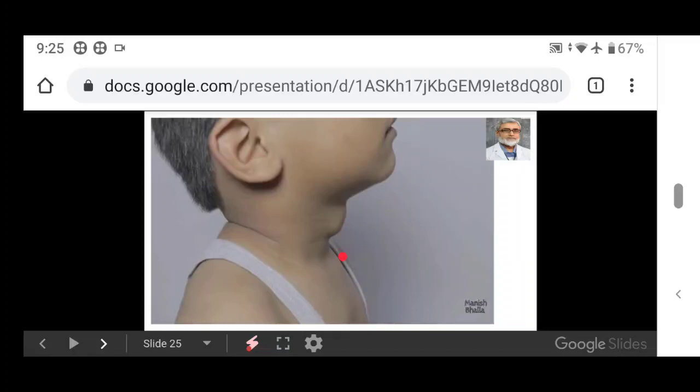If the hypoglossal nerve is involved, then palsy of the tongue muscle will be on the same side. If it is an infranuclear lesion, then hemiatrophy of the tongue on the same side, and muscular twitching of the tongue muscle may be present.